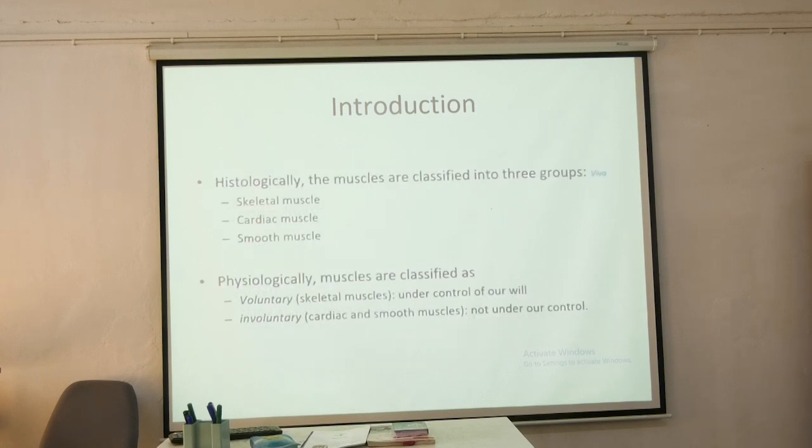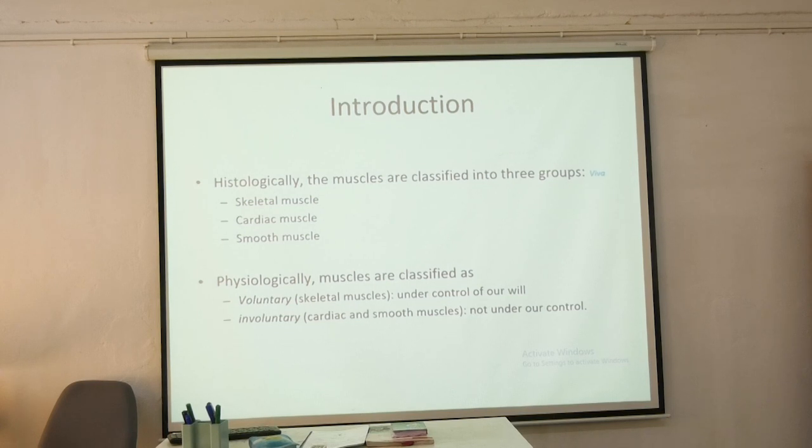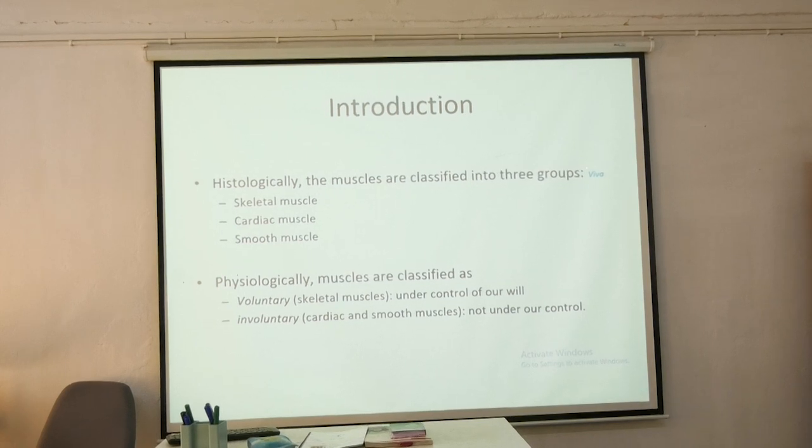Now, introductions. Histologically, the muscles are classified into three groups. This can be a viva question. Histologically the muscles are classified into three groups: skeletal muscle, cardiac muscle, and smooth muscle.